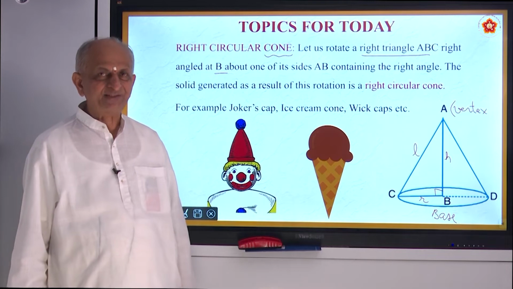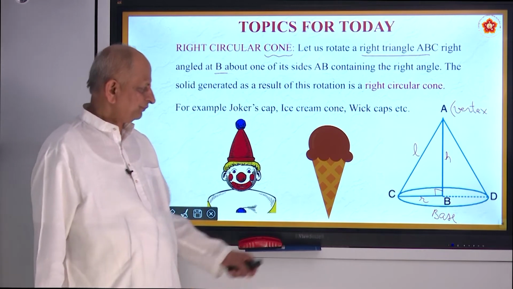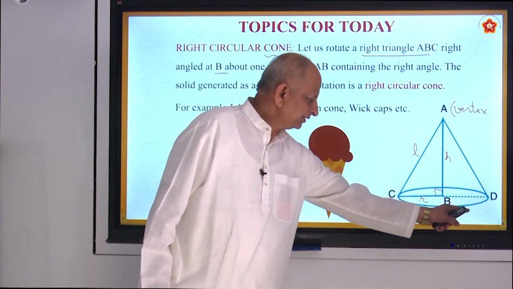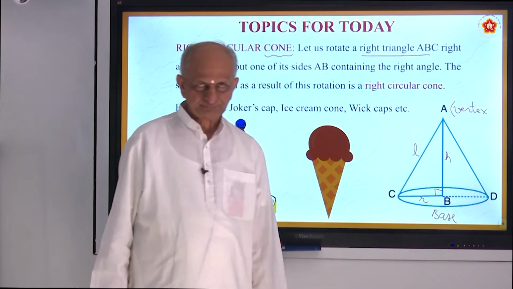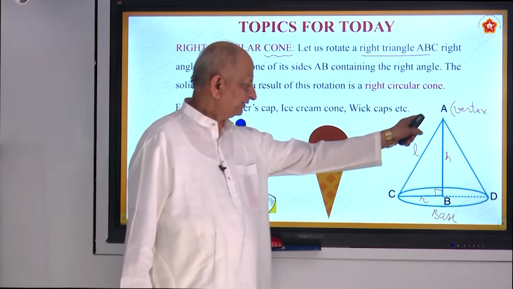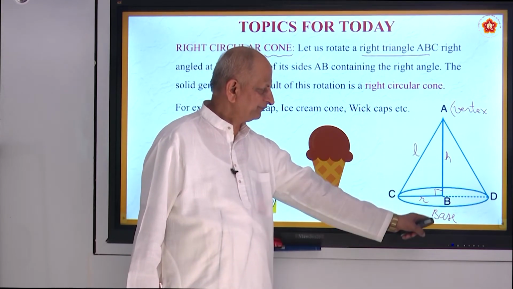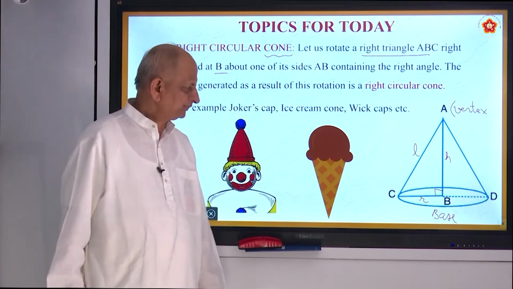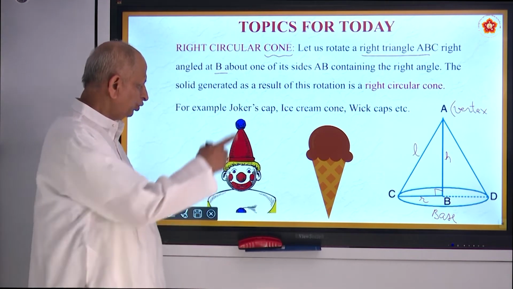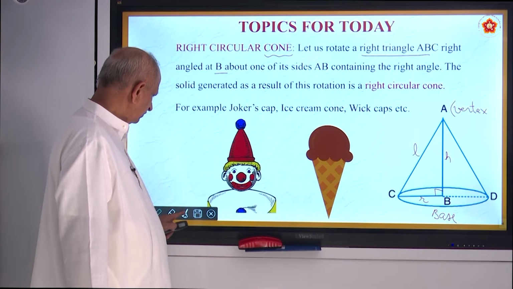Shape of the base is circle. So this has a circumference 2 pi r, and this has a height. This is called vertical height. This is called slant height. Note the names correctly. Now shall we next note down all this? Okay.